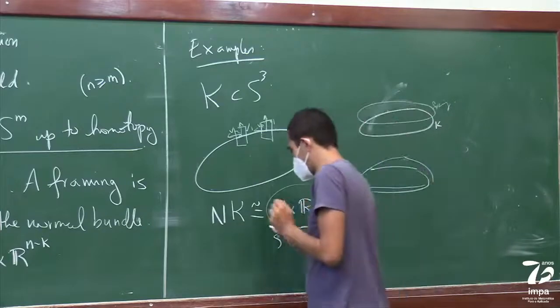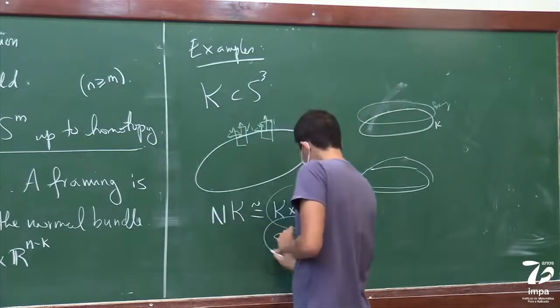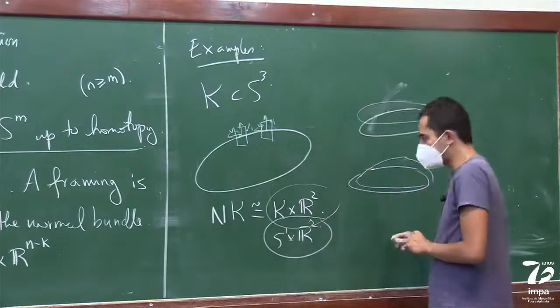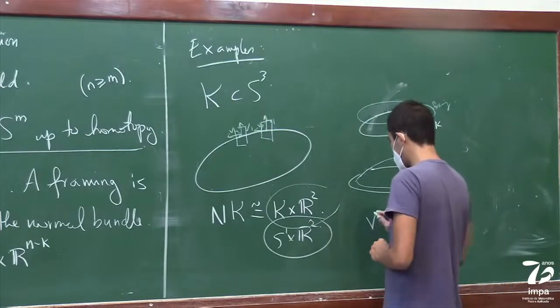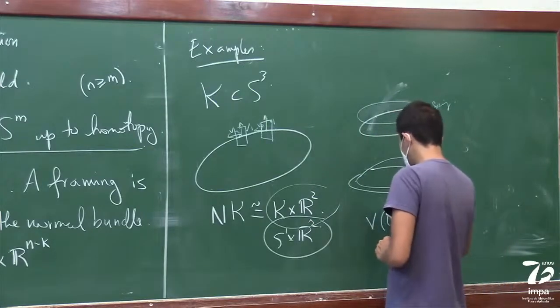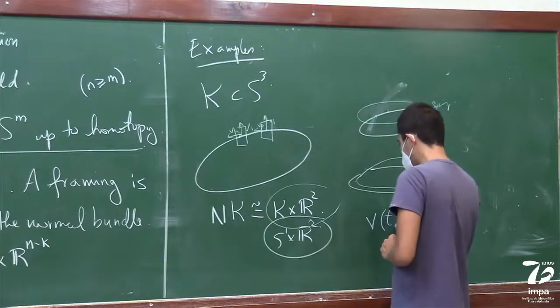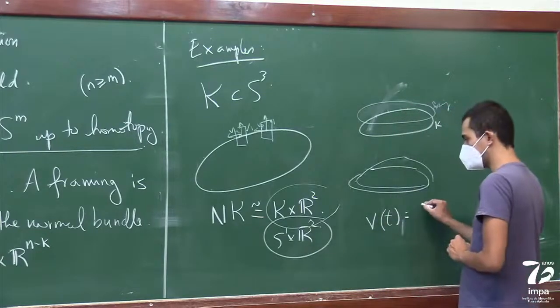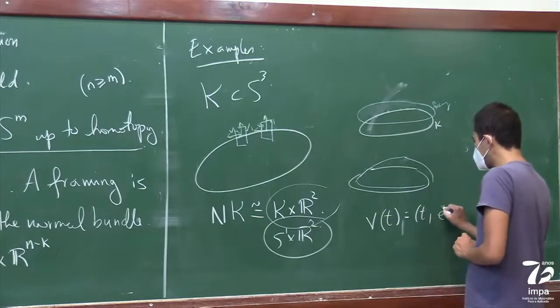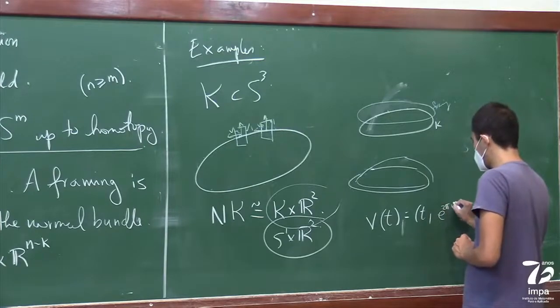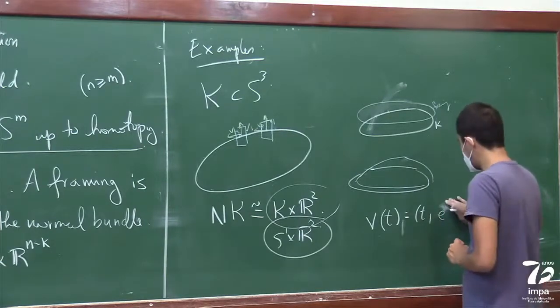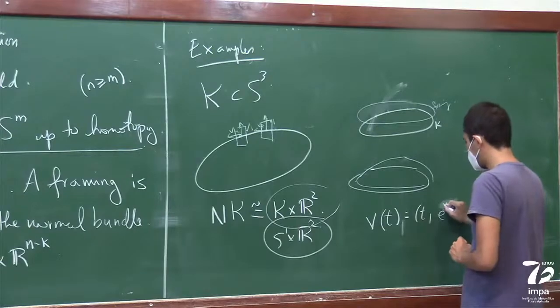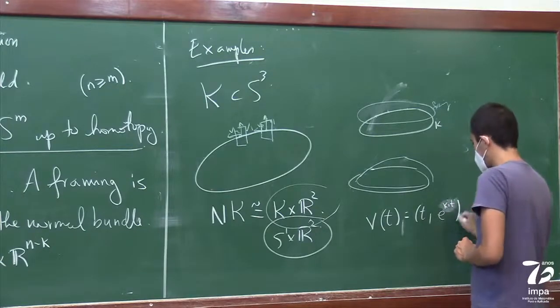So in this identification, how about I choose a vector field V of t equal to t and then e to the it, e to the kit.